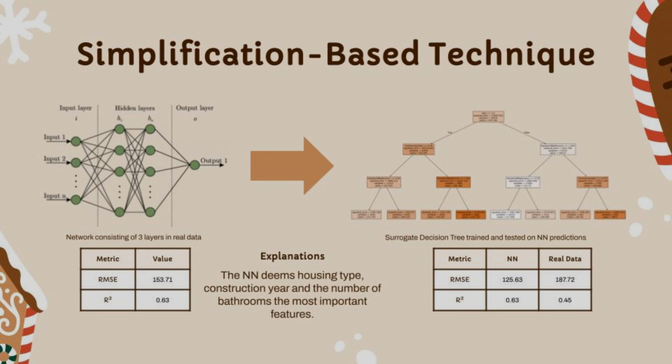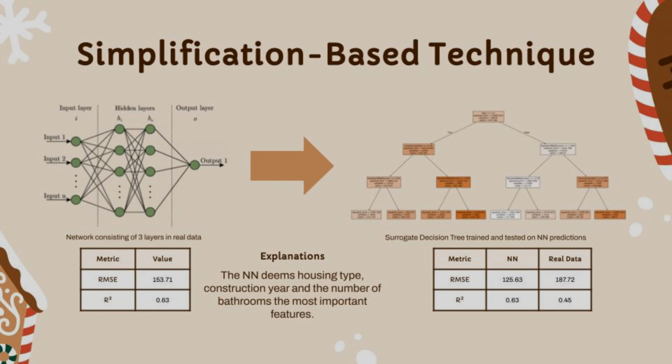On the predictions of the neural network, it had a root mean squared error of 125, which is really good, and a similar R-squared correlation, which is not unexpected. But compared with the real data, it had a much higher root mean squared error and a much lower correlation, which is also unexpected.